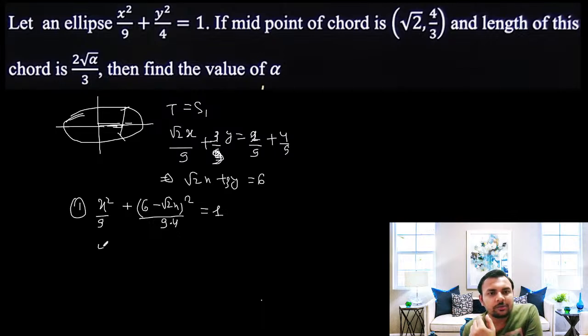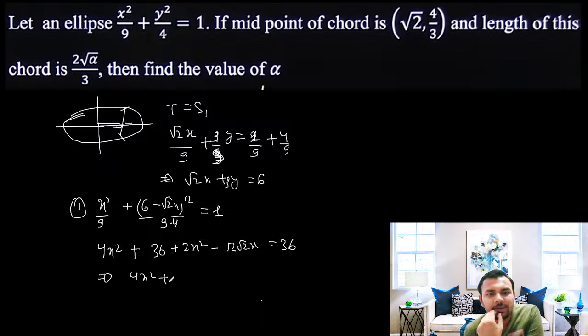So it was 4x square plus 36 plus 2x square minus 12 root 2x equal to 36. It is somewhere happening like that. So we have 4x square plus 2x square minus 12 root 2x equal to 0.